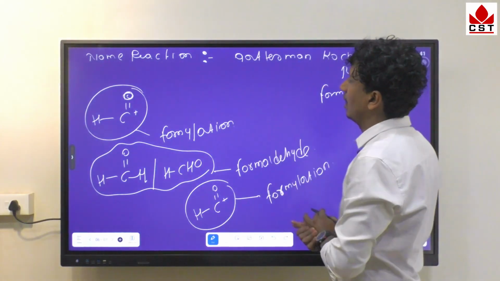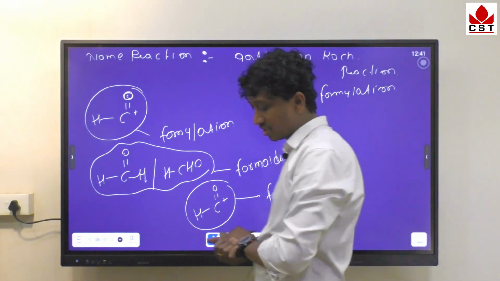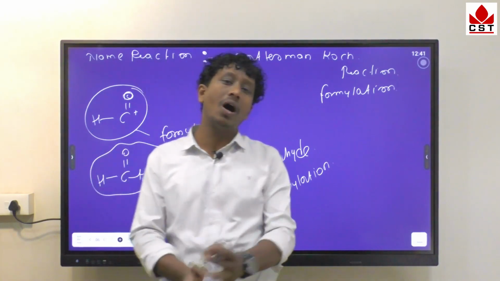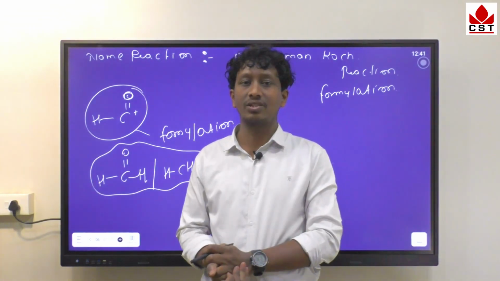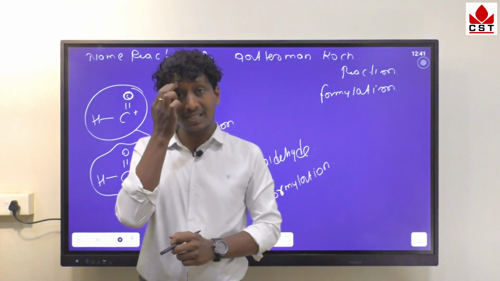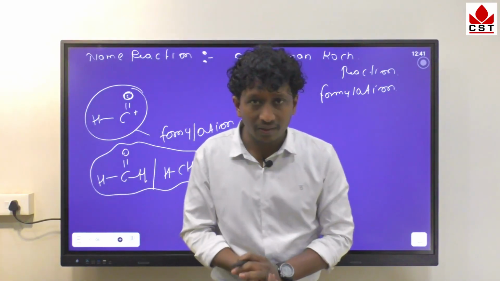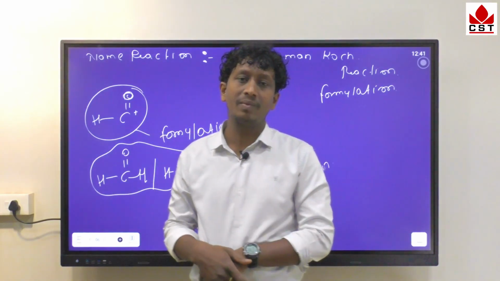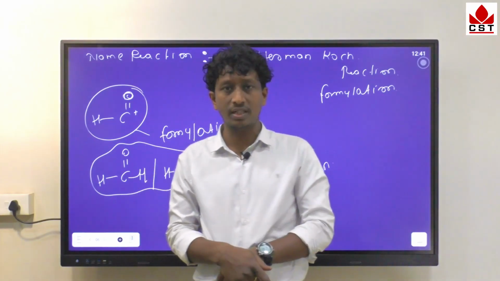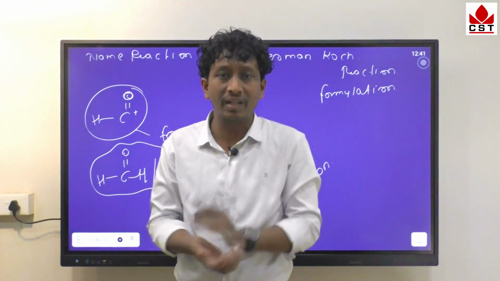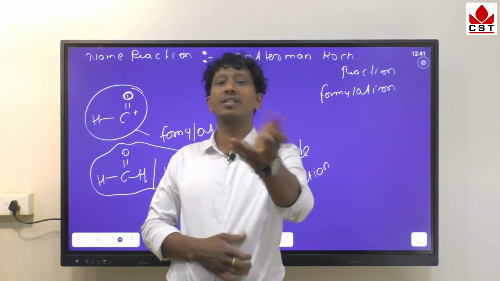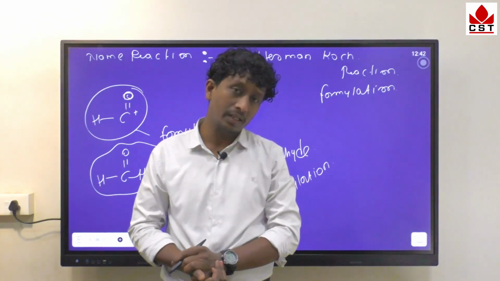Now, this is a very, very important name reaction, and the name of that reaction is the Gattermann-Koch formylation reaction. In entrance examinations like the JEE, there are two types of Gattermann reaction. One is the Gattermann-Koch reaction, and another is only the Gattermann reaction. The Gattermann reaction is in the chapter on amines, nitrogen containing compounds.